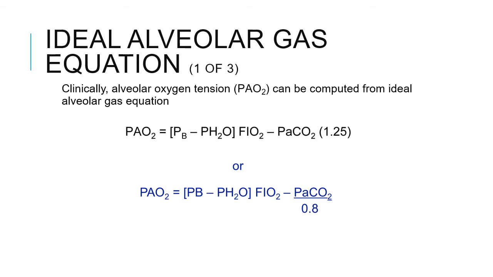Normally, about 200 milliliters per minute of carbon dioxide move into the alveoli, while about 250 milliliters per minute of oxygen move into the pulmonary capillary blood, making the respiratory exchange ratio about 0.8, or if you're multiplying, 1.25.